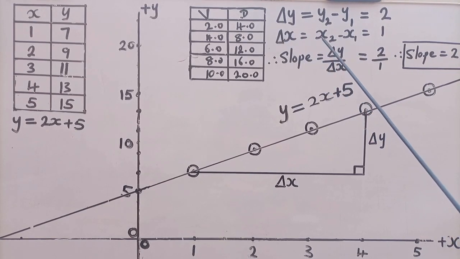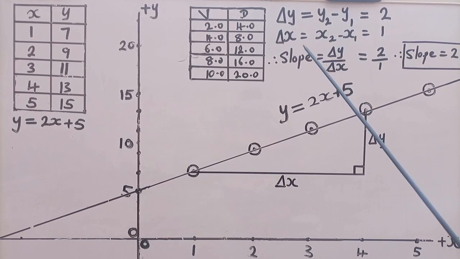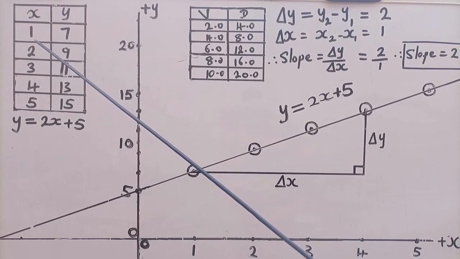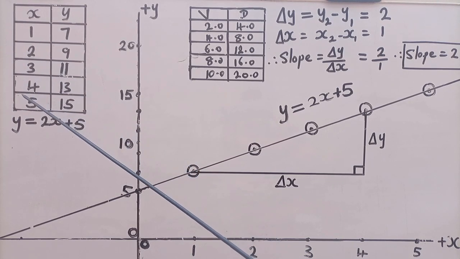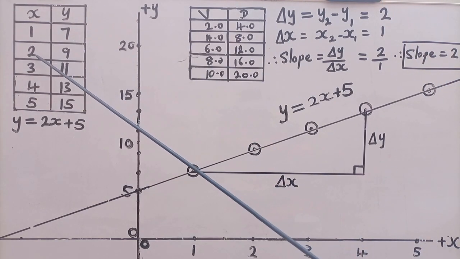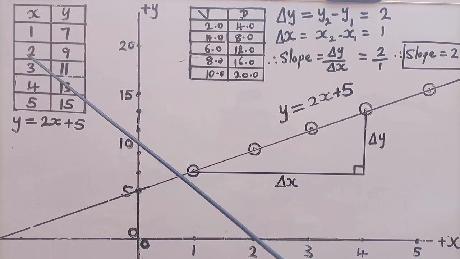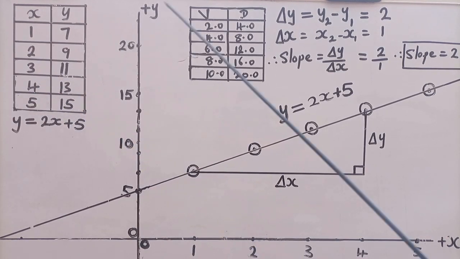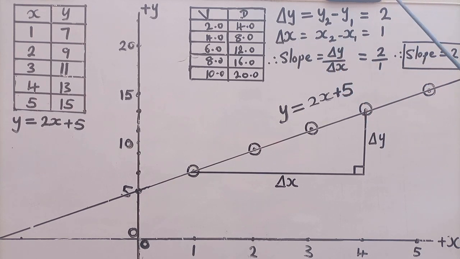Change in x is equal to x2 minus x1. The pairs x2 and x1 could be 2 and 1, 3 and 2, 4 and 3, 5 and 4. In any case, x2 minus x1 is equal to 1, because 2 minus 1 is 1, 3 minus 2 is 1, 4 minus 3 is 1, 5 minus 4 is 1. In other words, change in x is always 1 with this table in view.